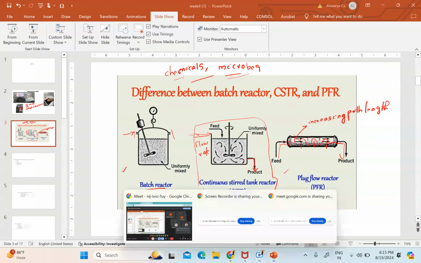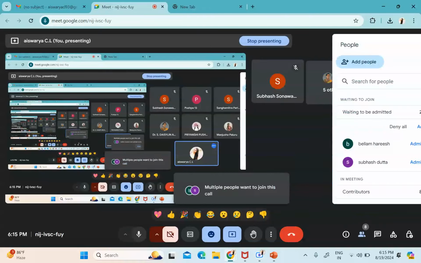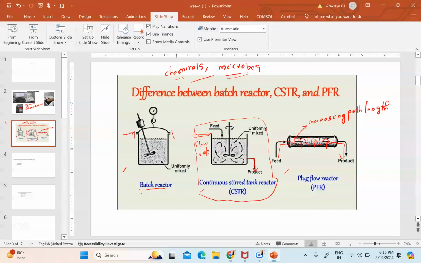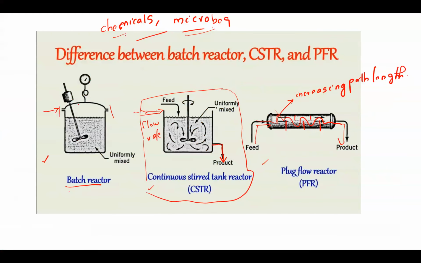And what it is doing is producing a large amount of byproducts.